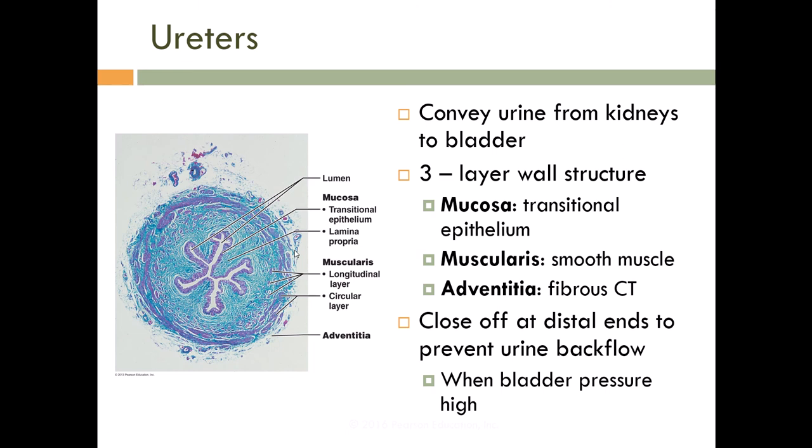At the distal ends, where the ureters connect to the bladder, if the pressure in the bladder gets too high, they will basically pinch off so that the urine doesn't flow back up out of the bladder, because we don't want the urine to be flowing backwards, of course.